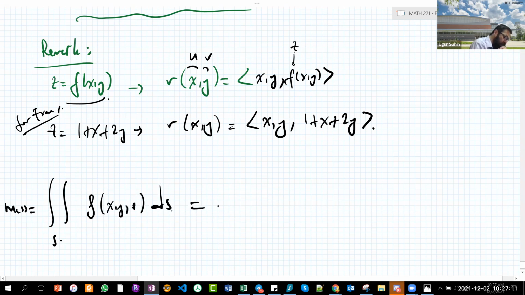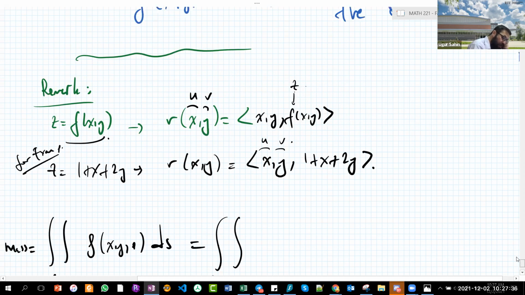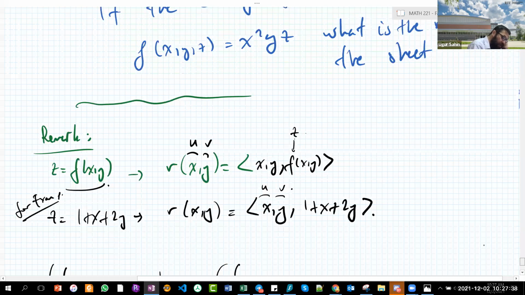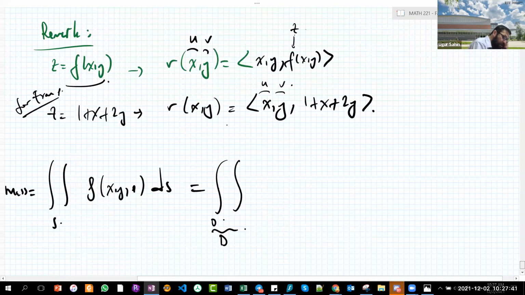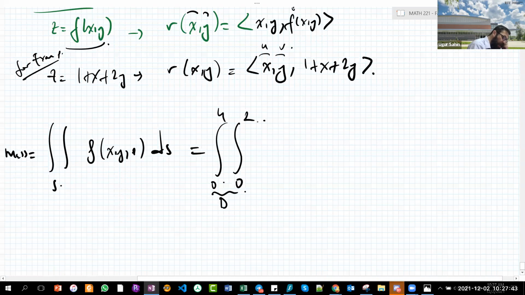And as you know, the integral on the left-hand side can be arranged this way over D. D is given by the UV parameters, and since I assume U is going to be x and V is going to be y, I'm just going to put the x and y boundaries here. The boundaries were given, if you remember, this way. I'm going to put the boundaries for x and y.